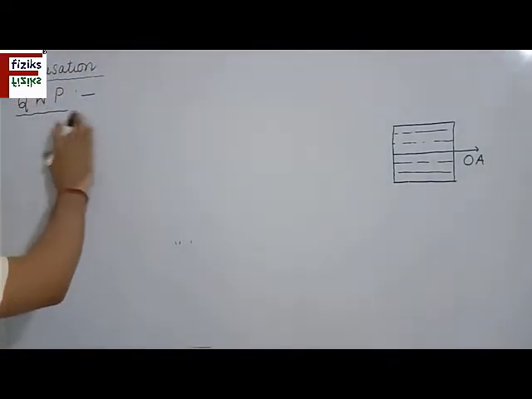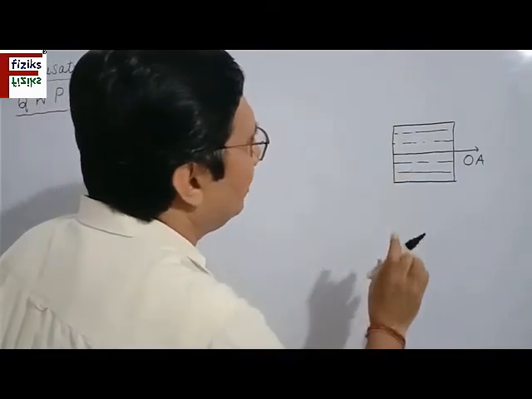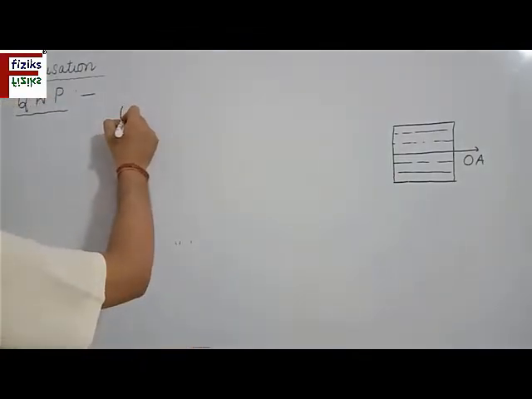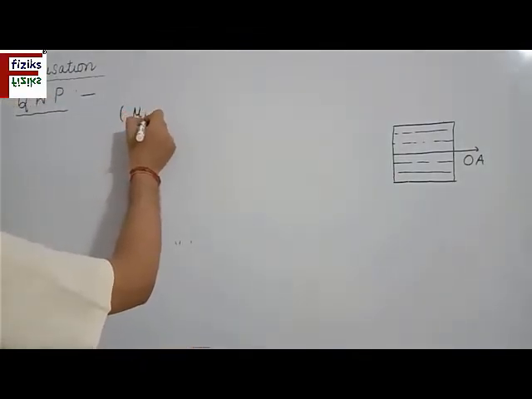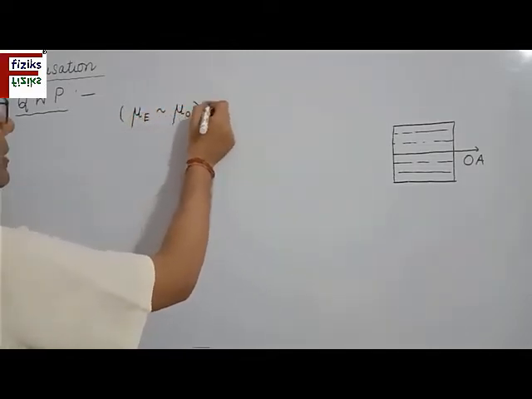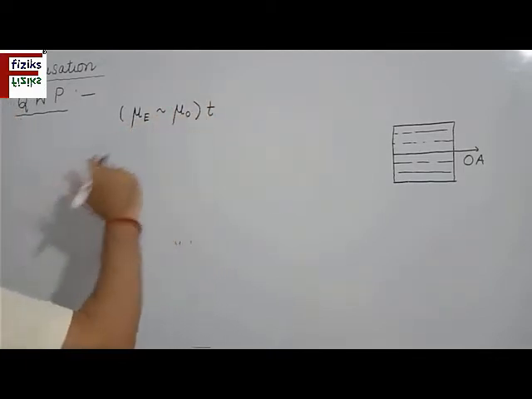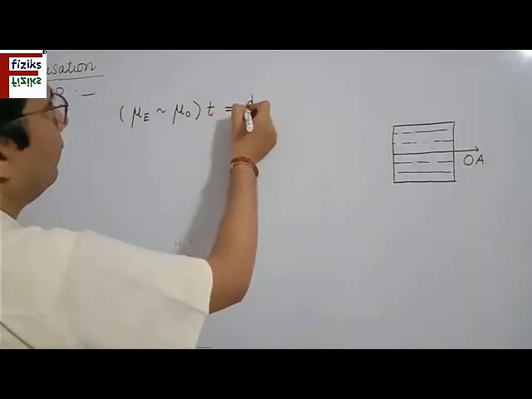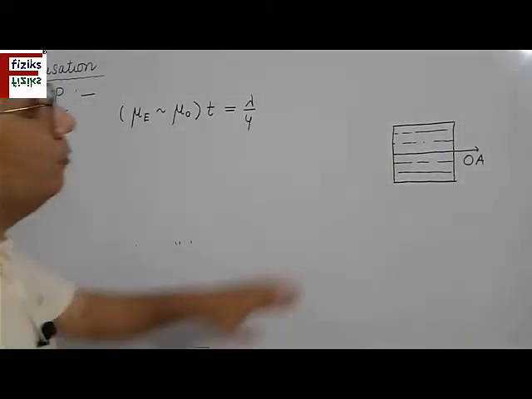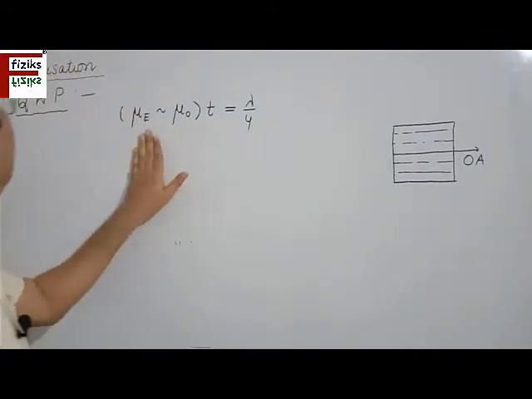So in a quarter wave plate, we have a doubly refracting plate whose thickness is such that the path difference introduced between E ray and O ray, the optical path difference, will be equal to lambda by 4. Then this plate is known as a quarter wave plate.